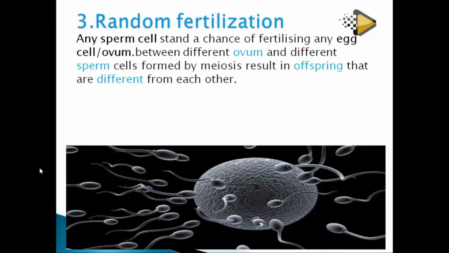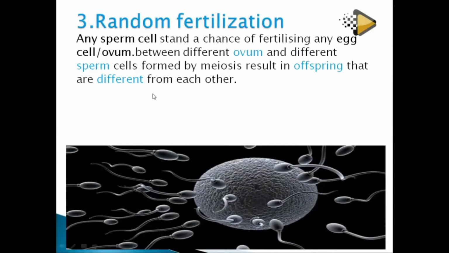That's why you have different colors, different heights, different sizes, different length of hair. Why? Because the genes are being mixed up during these processes. So you're saying that any sperm stands a chance of fertilizing an egg cell. You see how fast your sperm was.